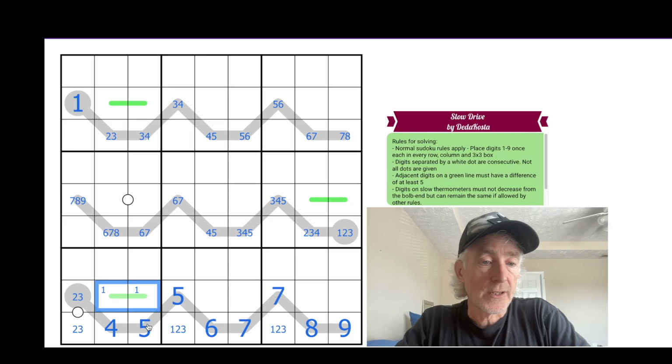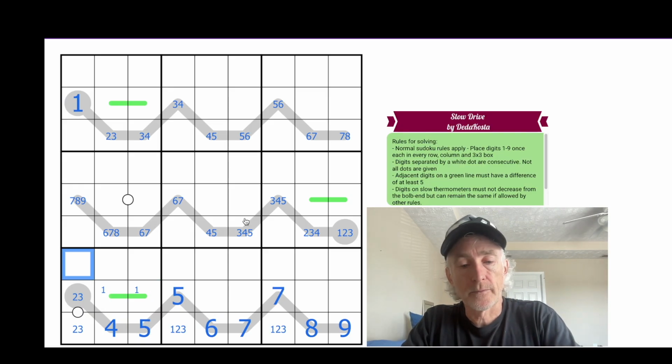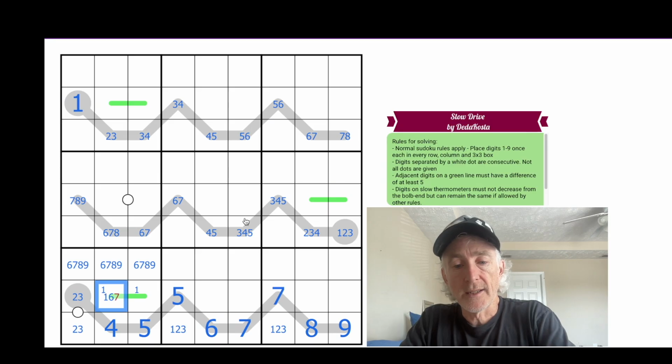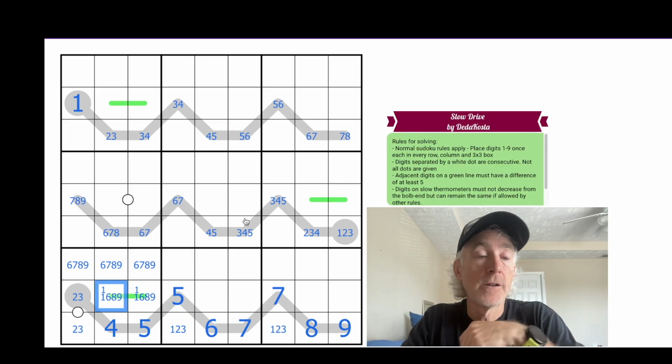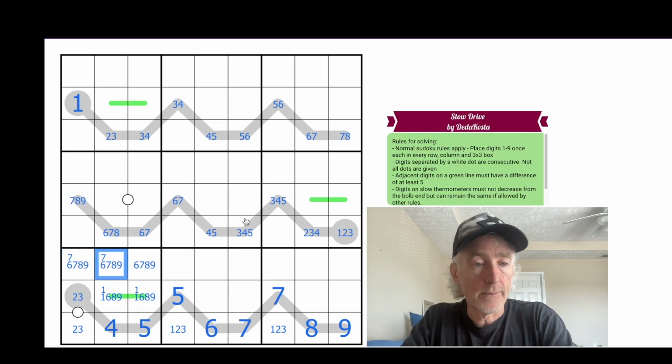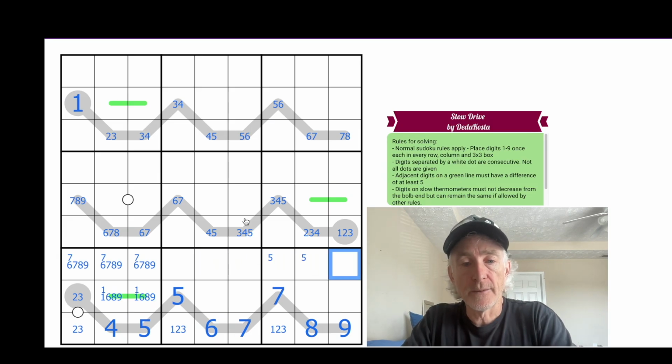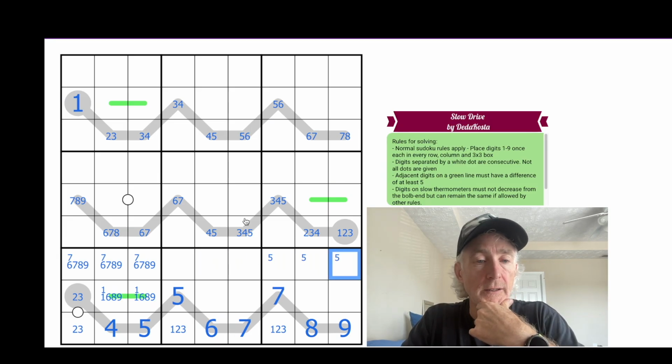The other digits, we have the 5, so we have 6 7 8 9. This is from 1 6 7 8 9. Neither one is a 7 because of that 7 in the row. 7 is actually forced up here. And 5 is going to be over here somewhere, so I'm going to mark that.